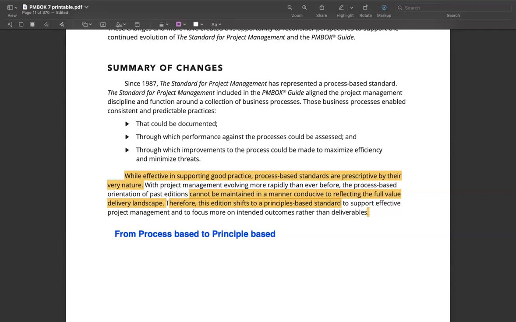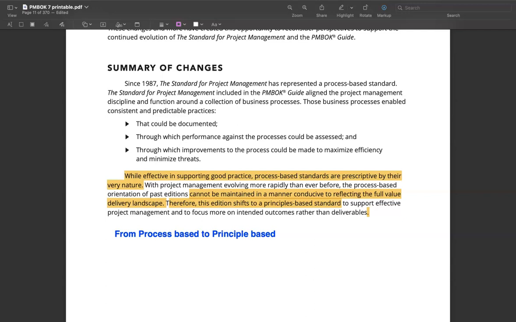What PMI is trying to do is condense the information that's there in the book, and if you want additional information, you can become a PMI member and gain access to PMI Standards Plus, and all the templates, the artifacts, and all the other good tools that they talk about.